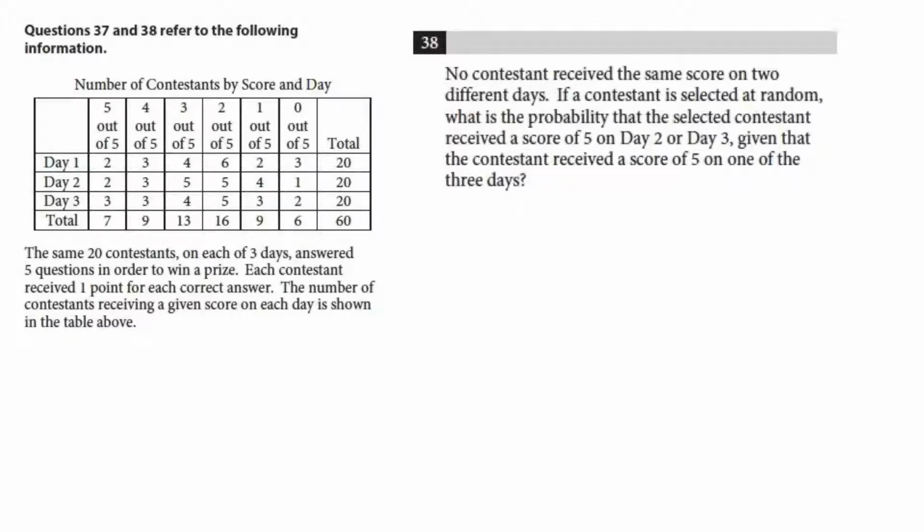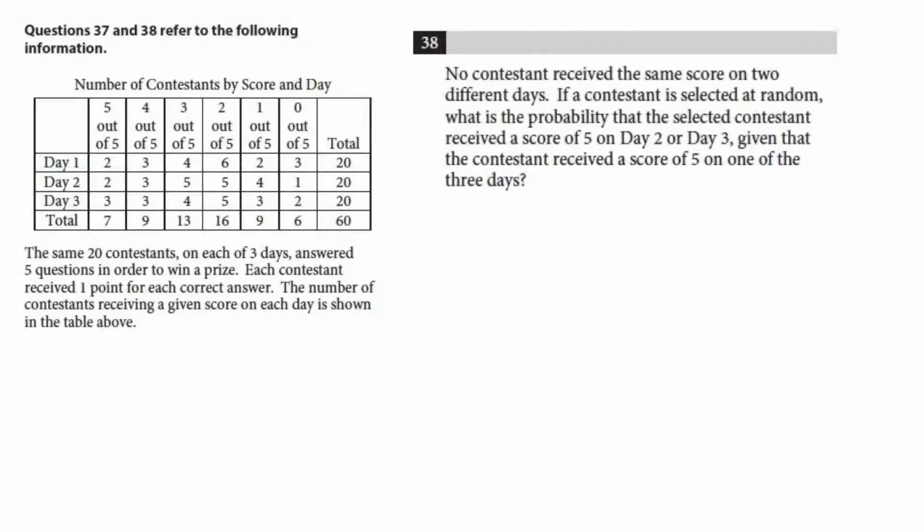38. Same situation as 37. No contestants received the same score on 2 different days. If a contestant is selected at random, what is the probability that the selected contestant received a score of 5 on day 2 or day 3, given the contestant received a score of 5 on one of the 3 days?